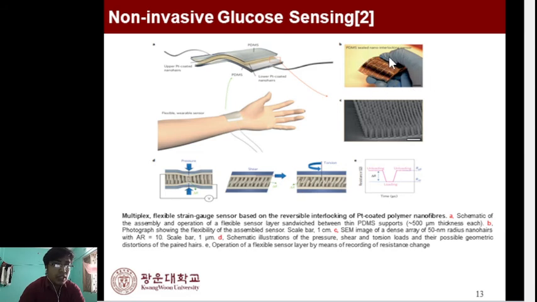Here we see this in diagram B, and C is the SEM image at nanometer radius scale. D shows pressure, shear and tension applied to this geometry. The operation of the flexible layer by means of resistance change produces this graph.